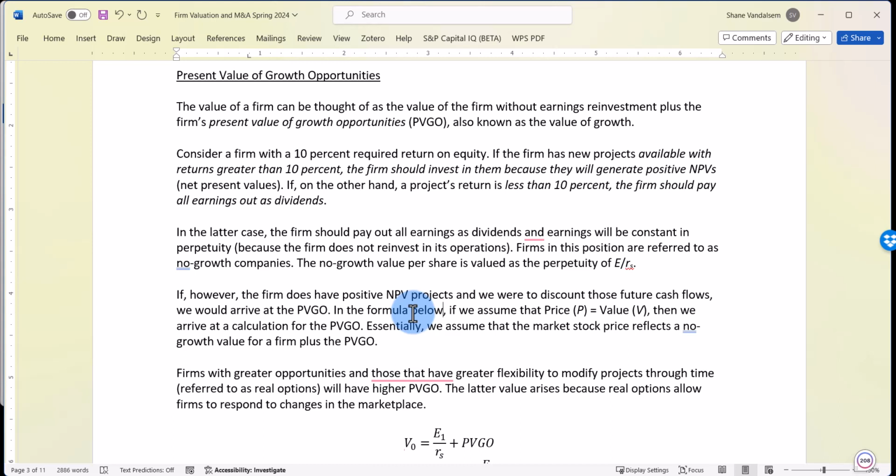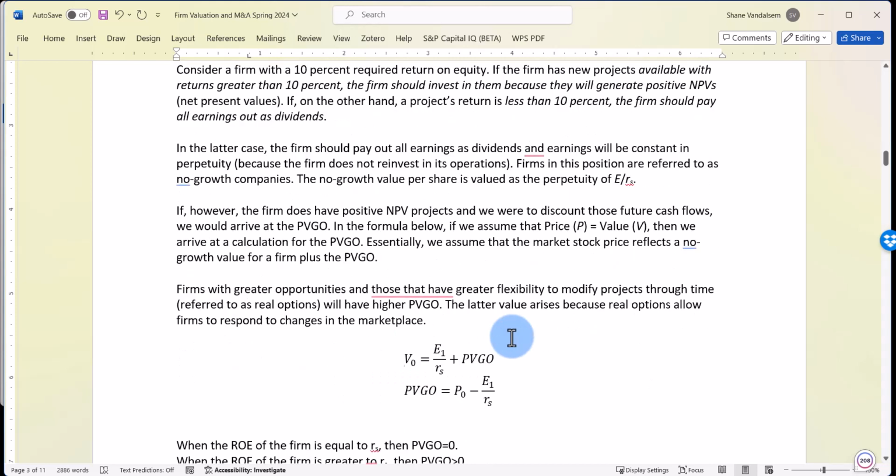Essentially, we assume the market stock price reflects a no-growth value for a firm plus the present value of growth opportunities. Firms with greater opportunities, and those that have greater flexibility to modify projects through time, those referred to as real options, will have greater present value of growth opportunities. The latter value arises because real options allow firms to respond to changes in the marketplace.